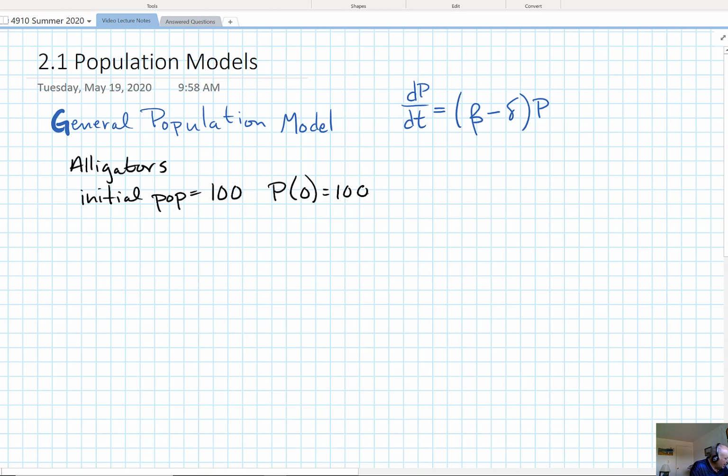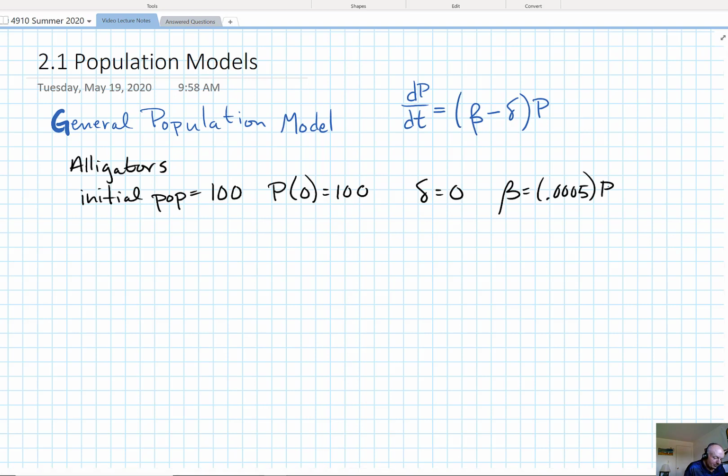Let's say the death rate is 0, so they're not dying off. But the birth rate, beta, is equal to 0.0005 P. So that birth rate is getting bigger as the population grows.